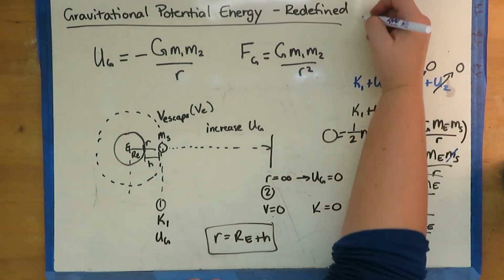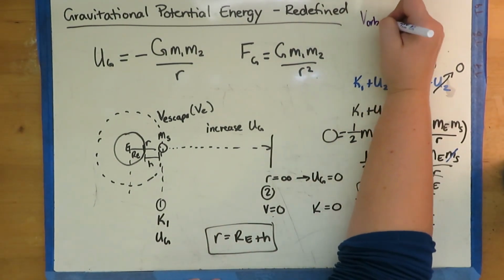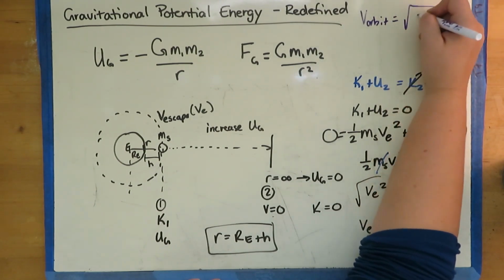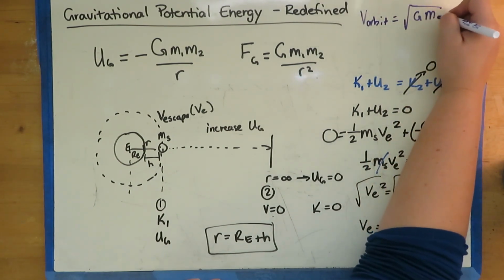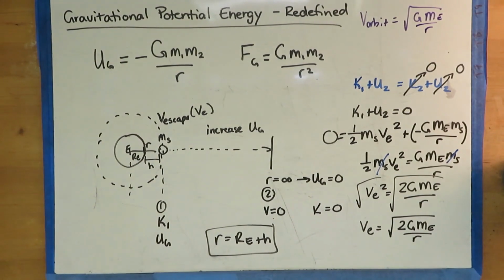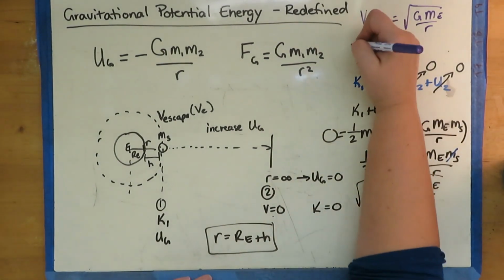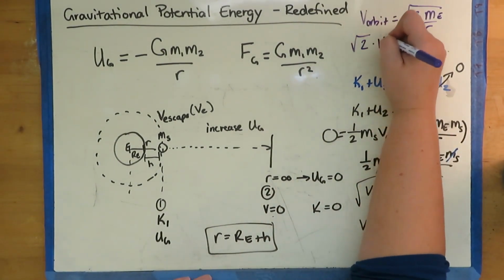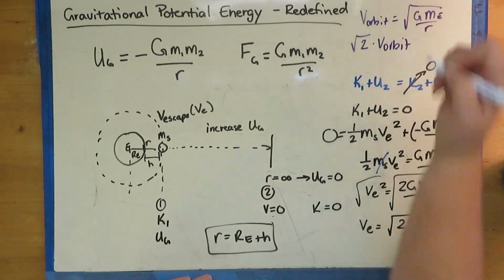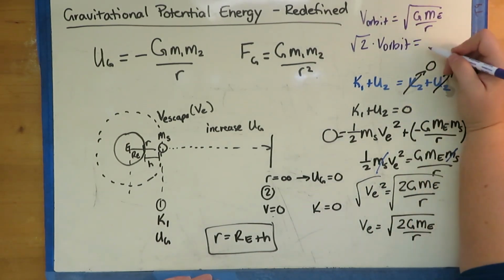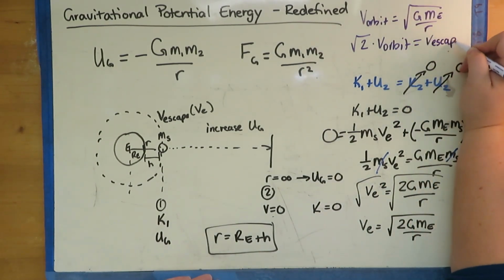And that is that our orbital speed is equal to the square root of G, if I'm looking at the Earth, ME over R, just whatever I'm orbiting. So my orbital speed here is the square root of G ME over R. If I take the square root of 2 times my orbital speed, that actually equals my escape speed. Oh, isn't that so cool?